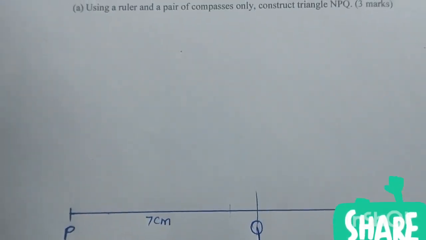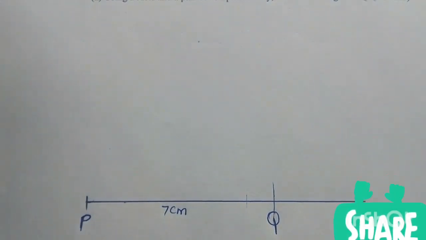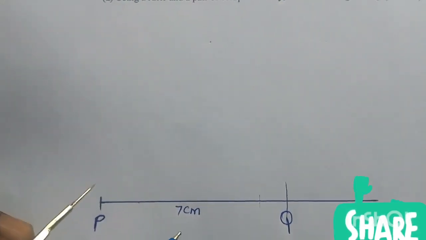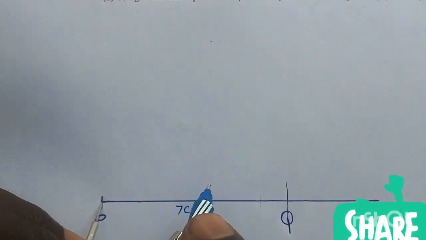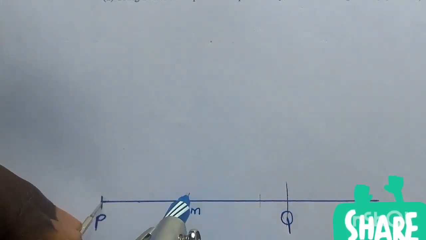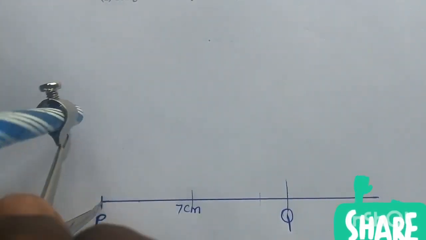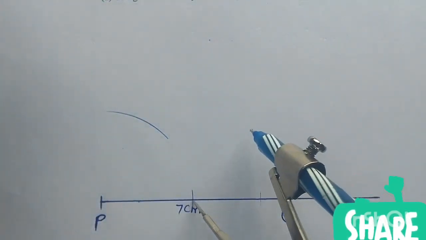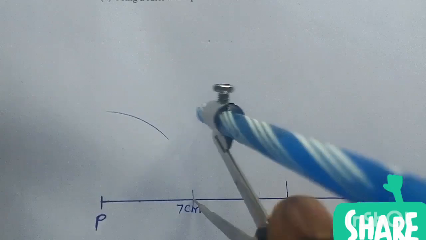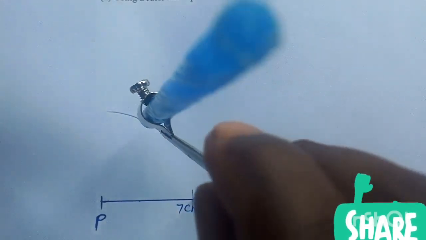So let's draw now angle 60 degrees here without using a protractor. So using a pair of compasses only, stand here because angle P is here. Open, mark here, the same length, mark here. Remove it, stand here. Connect this.